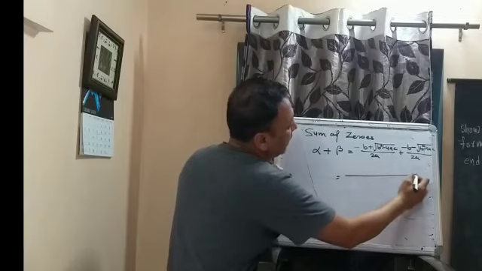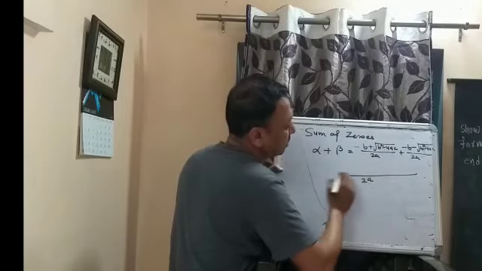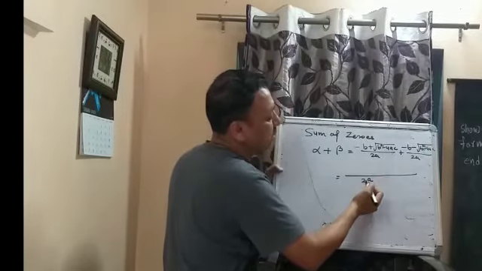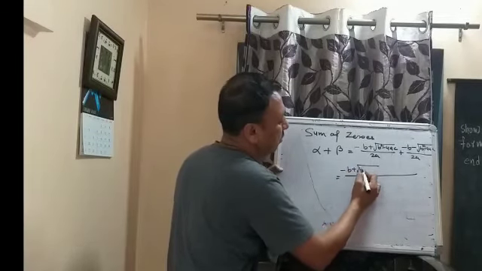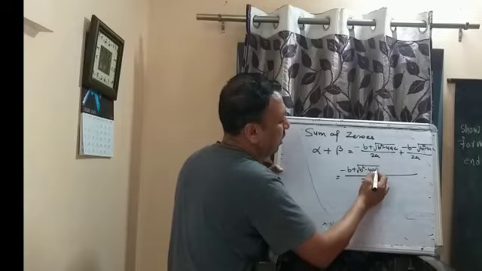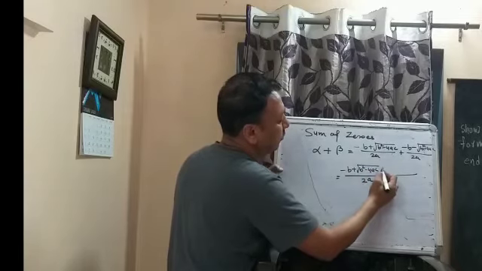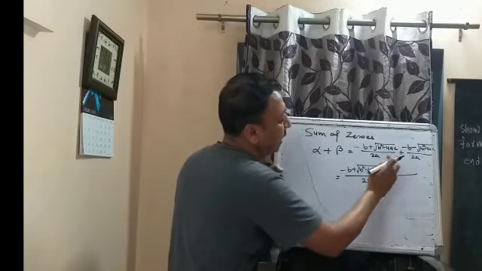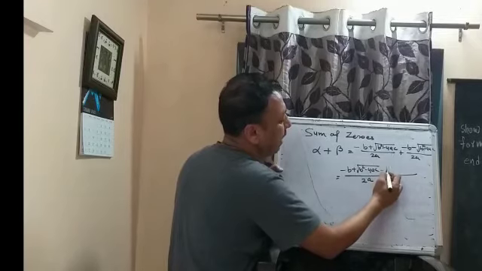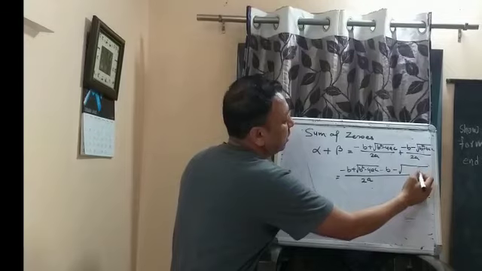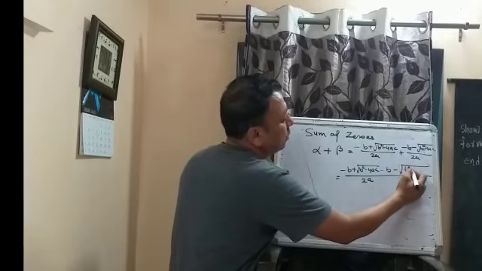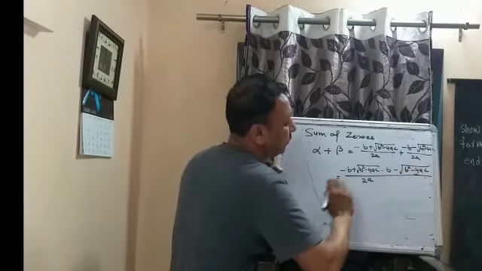Can 2a be taken as LCM? Of course, yes. 2a cancels. The left part is very simple: plus and minus, it will become minus, and plus and minus multiplied by under root b square minus 4ac.